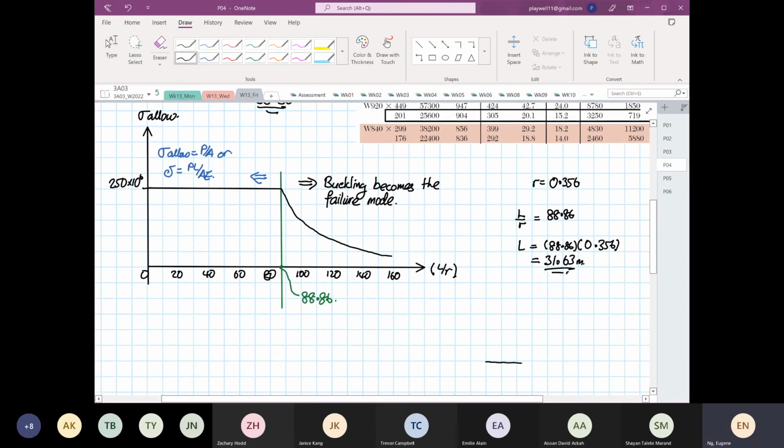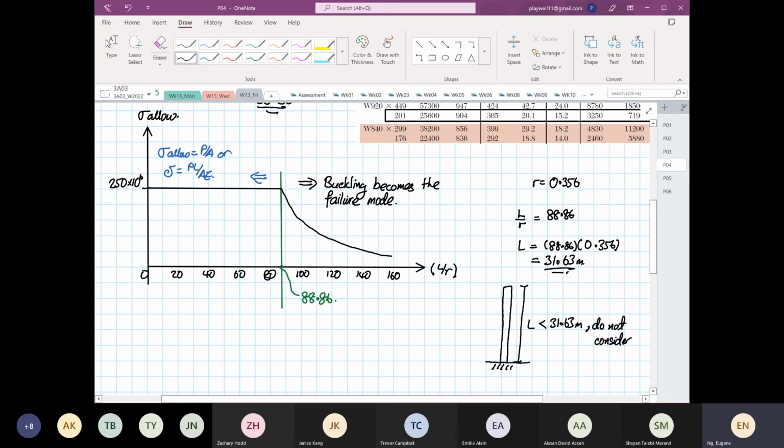If the length of the structure you design, this length over here, is less than 31.63 meters, do not consider buckling analysis.